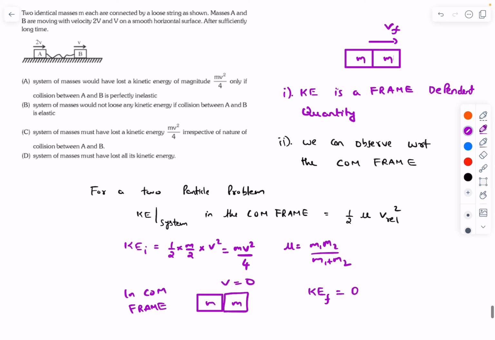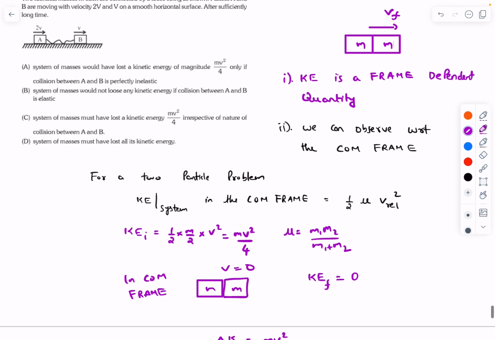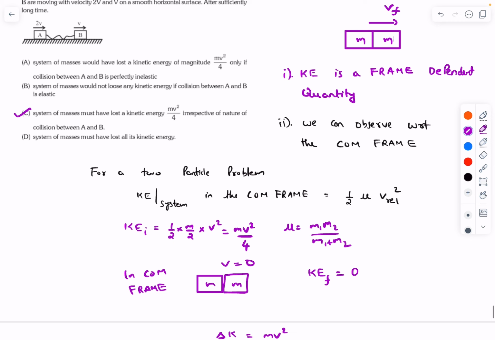But the thing is, then the tension forces will make sure that finally both of the blocks attain the same speed. Indirectly, it still behaves like an inelastic collision, irrespective of what kind of collision it is. And therefore, the answer to this question will be option C. The system will definitely lose mv square by 4 irrespective of the nature of collision between A and B.